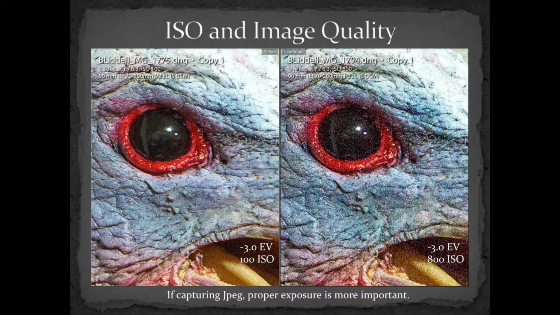Now, here I'm going to digress for a little bit and talk about ISO and how that affects image quality. Here I'm comparing a -3 stop exposure for both a 100 and 800 ISO image, and this simply demonstrates what we've all come to realize as photographers, that there's a very negative impact of increasing your ISO on image quality, especially when the shot has been underexposed.